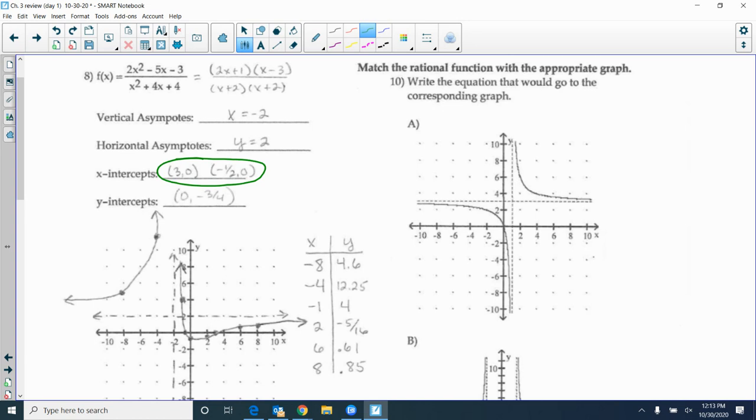I picked -8 and then -4 just to make sure I knew what was going on on this left side. Because at -4 it's 12.25, a little bit above the graph, but it has to come down through there. And then it will travel again along that horizontal asymptote.